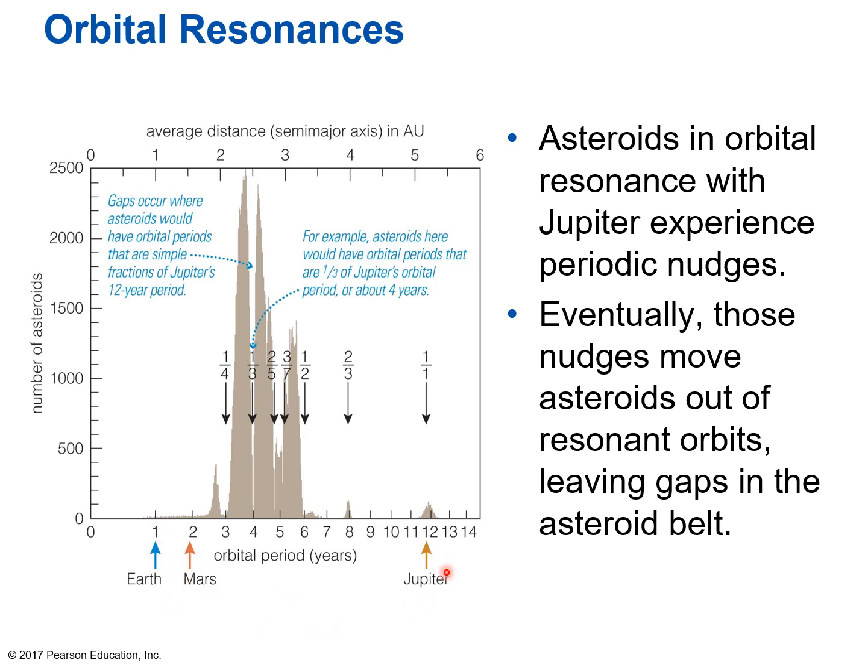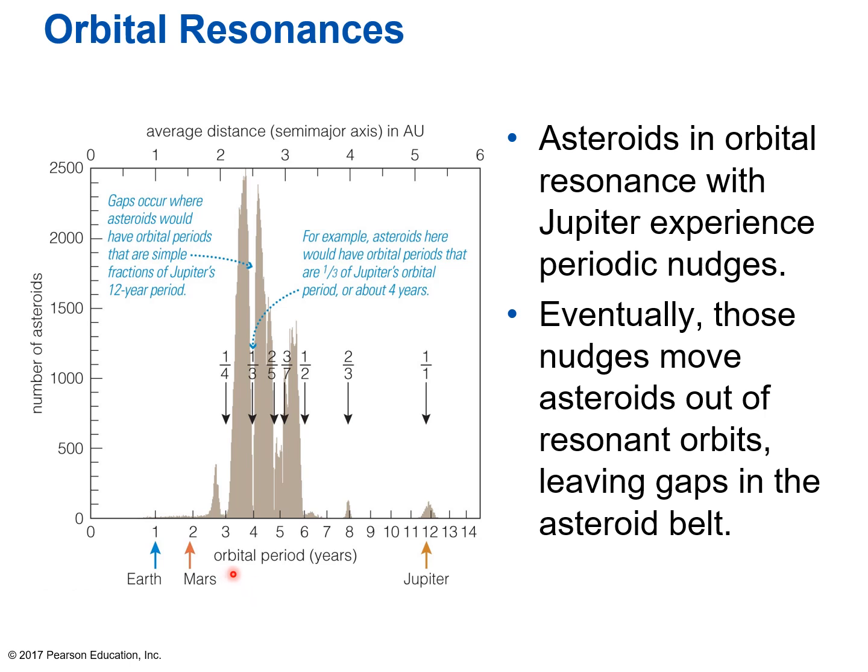The idea of orbital resonances is that if a planetesimal had some simple fraction of Jupiter's orbital period, which is 12 years, so a quarter of 12 years is 3 years, a third of 12 years is 4 years, then it especially would have been nudged one way or the other, either pulled towards Jupiter or pulled towards the Sun.